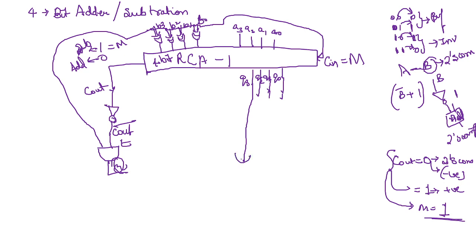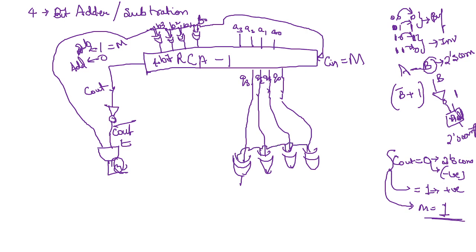So again I will apply this through an XOR gate to perform the complement of this Q output, and the other input of this will be this output, which is nothing but M and T, or M and C out bar.